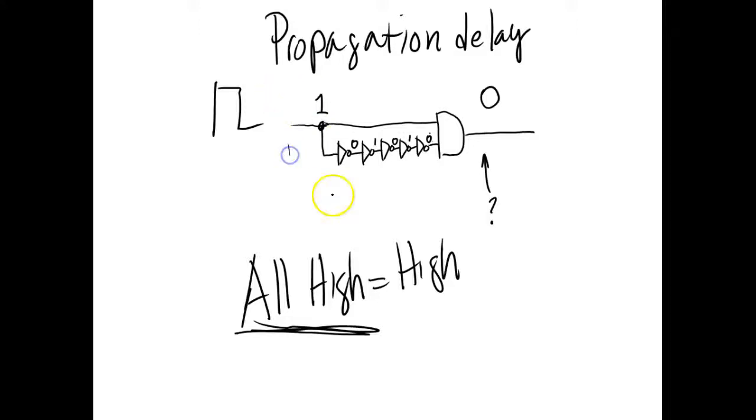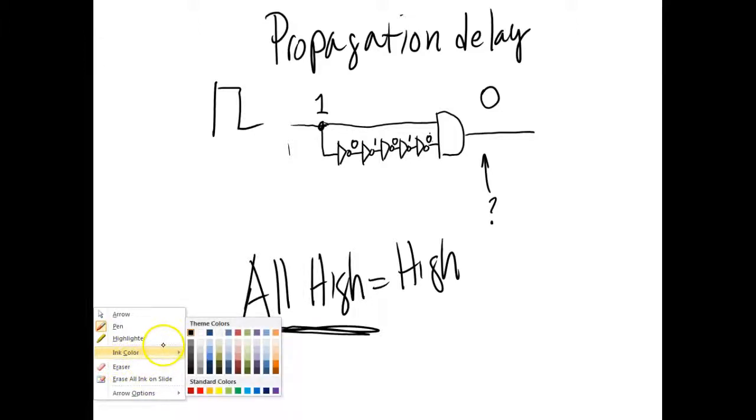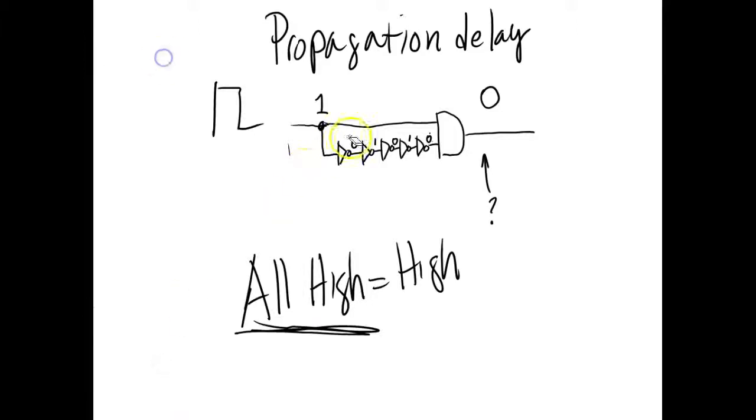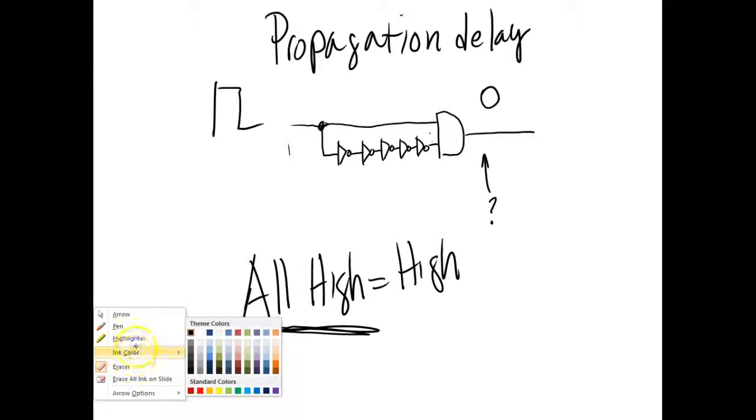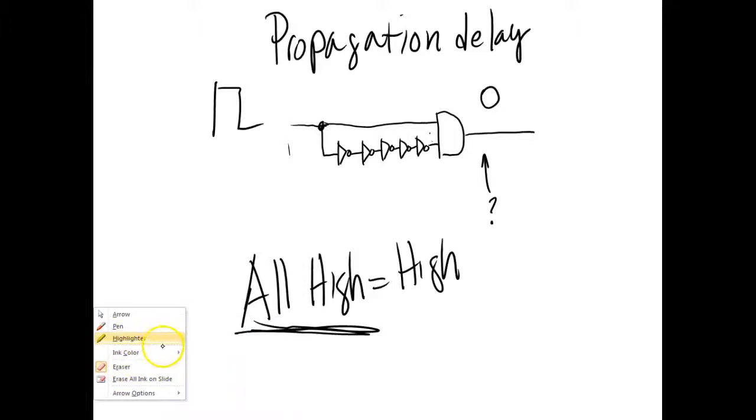So right now, if I switch this to a 1, okay, so let's come up here and look at this. Let's start off with a 0. So if this right here was a 0, then this would be a 0 right there. That would be a 1. That'd be a 0. That'd be a 1.